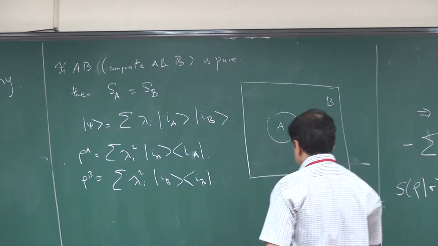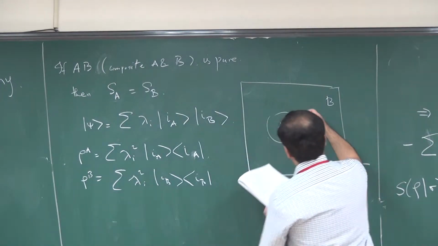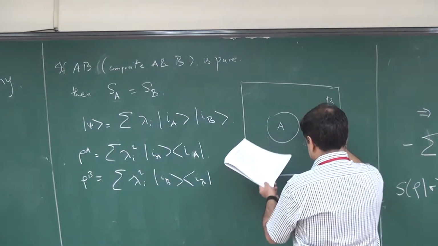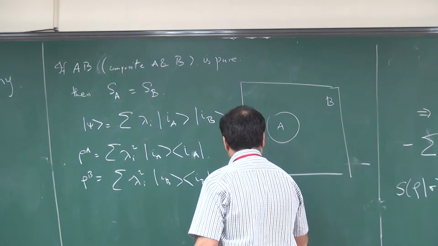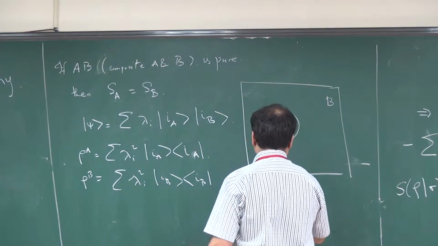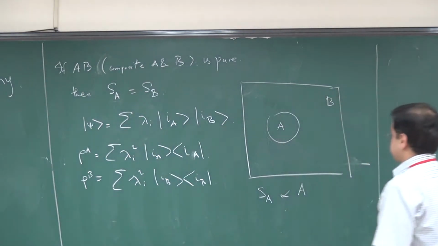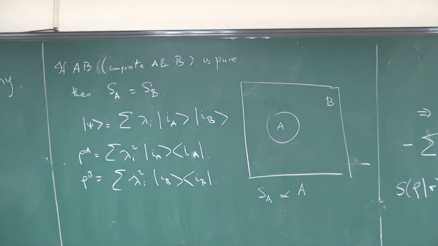So that forms the basis of this area law: because the boundary has the dimensions of the area, the entanglement entropy should also be proportional to the area. So that is a rough way of understanding where this area dependence for the entanglement entropy comes about.